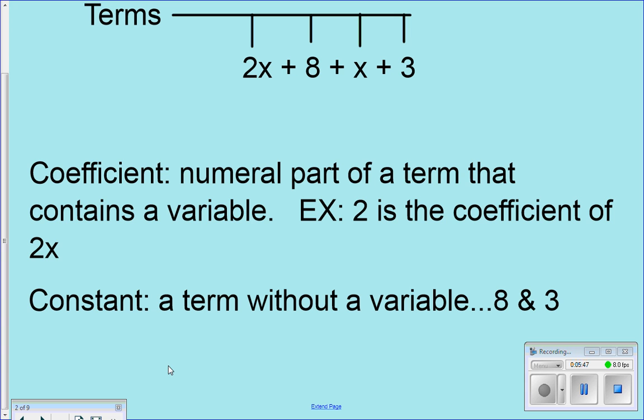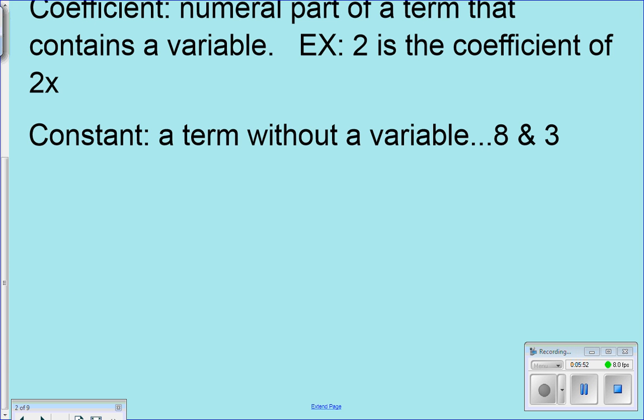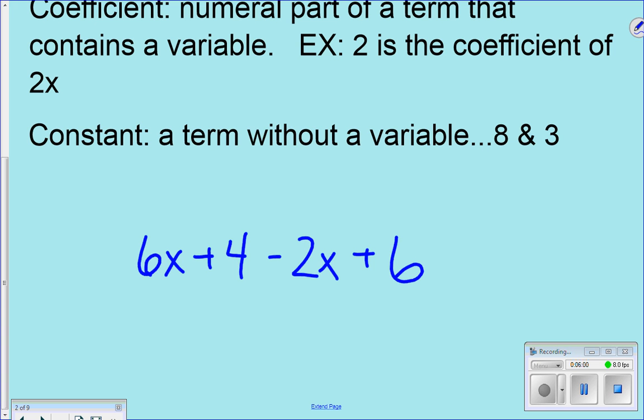Simple so far? Okay, so let me do one here quick. What are my coefficients up here? Henry? Okay, 6 and 2.